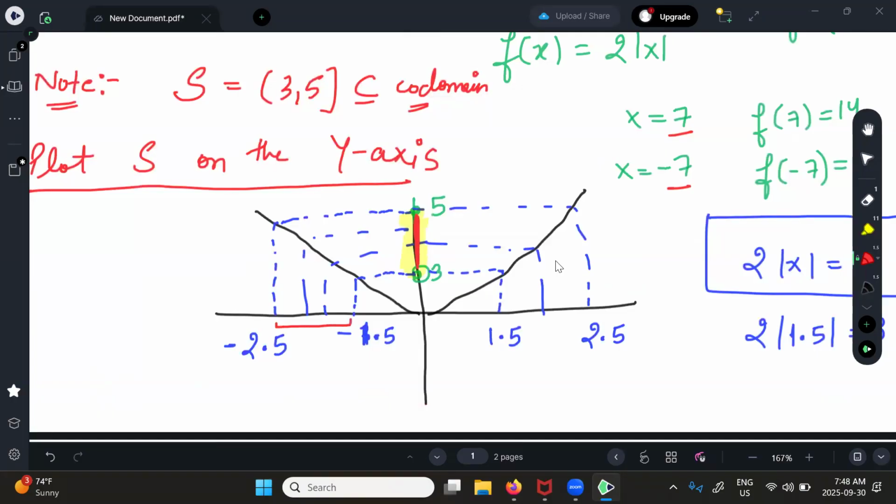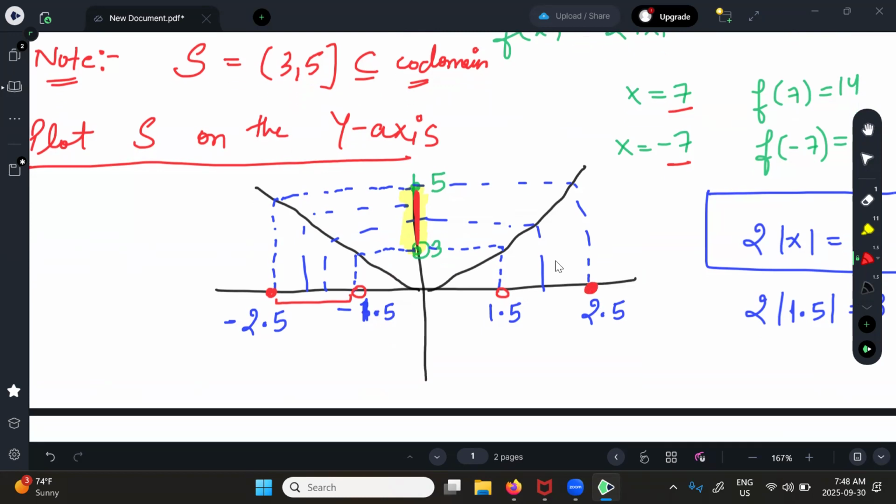They're from here to here, this not included, this is included, and they're from here to here, right? So the pre-image, what happens to the pre-image? It is two intervals. You always go from left to right, from negative 2.5 to negative 1.5 union 1.5 to 2.5.